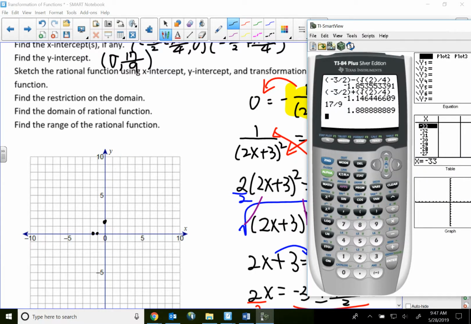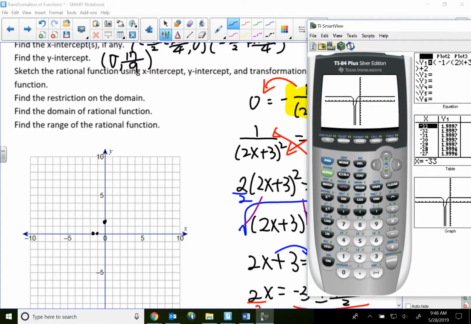All right, let's graph this sucker. That's negative 1 over (2x plus 3) squared, plus 2. I kind of know it's going to open downward. So here it is. Ooh, see that real tight right here.